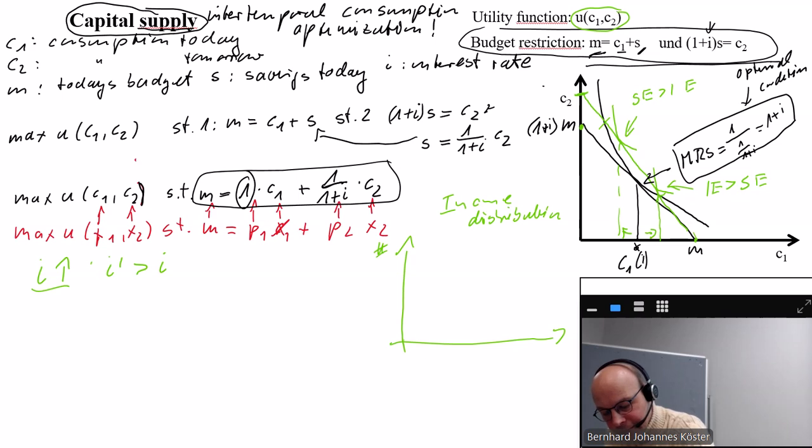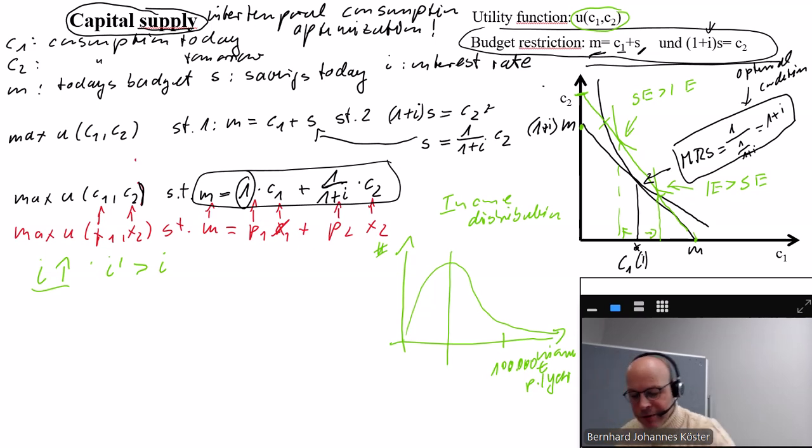Income, let's say here 100,000 euros per year. Then we see roughly this kind of income distribution in a country. Average or median income per head in Germany is roughly 40,000 euros.